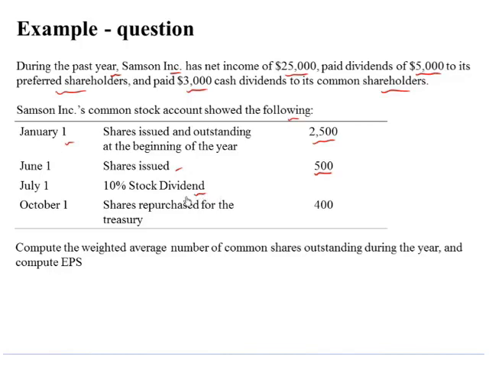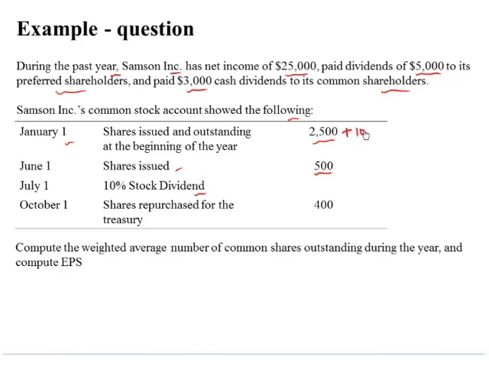Please note that whenever we hear an announcement like this, that is of a stock split or a stock dividend, we would immediately revise or adjust all shares prior to the announcement date to the extent of the stock split or the stock dividend. So it's a 10% stock dividend. Hence, for all EPS calculations, we would never use 2,500 as the number of shares outstanding.